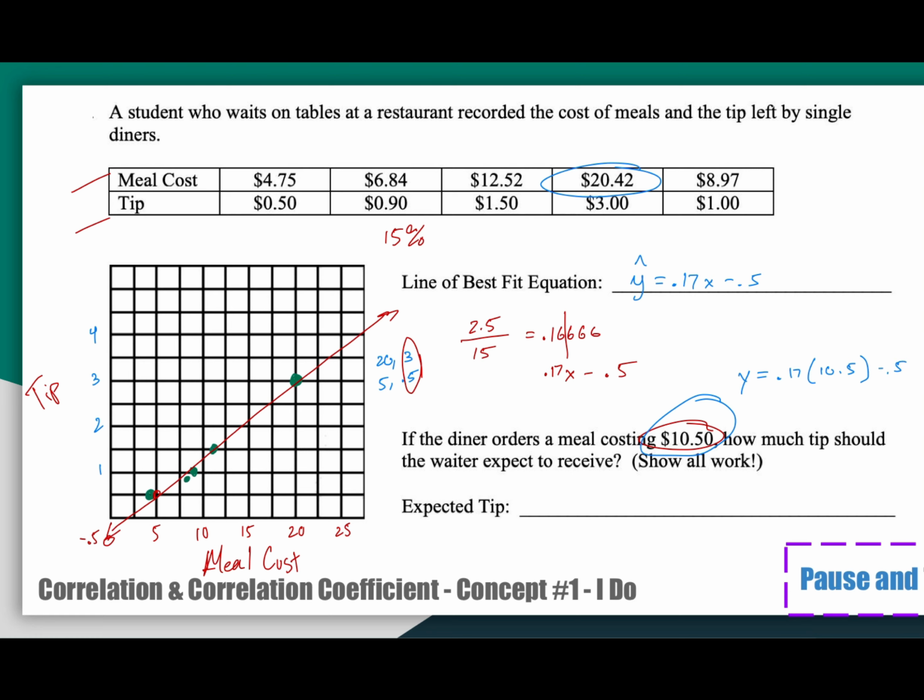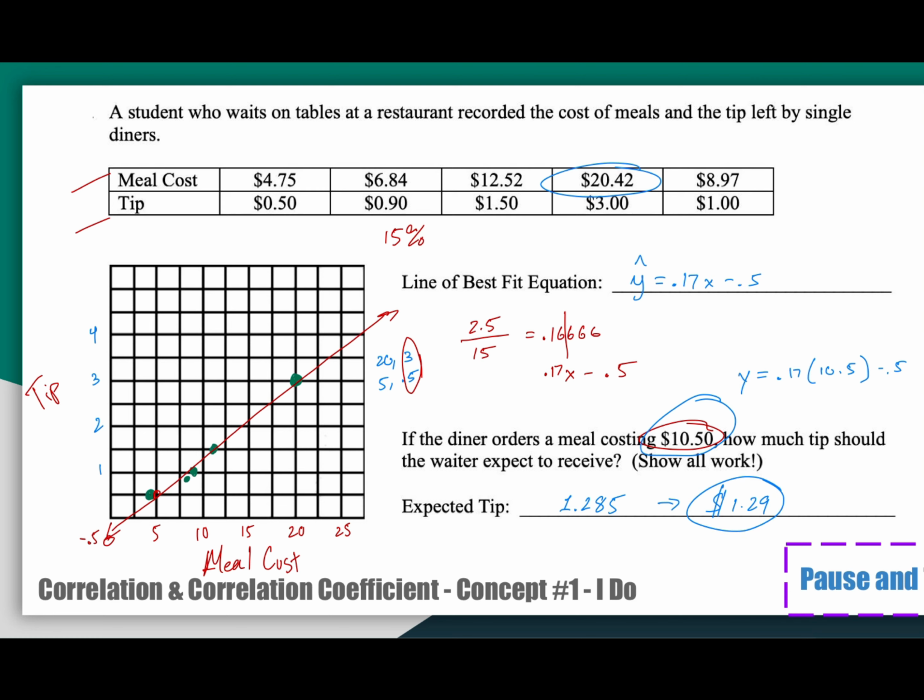I put that in my calculator, and I end up with an expected tip of $1.285. So let's round that to $1.29, rounding up there.